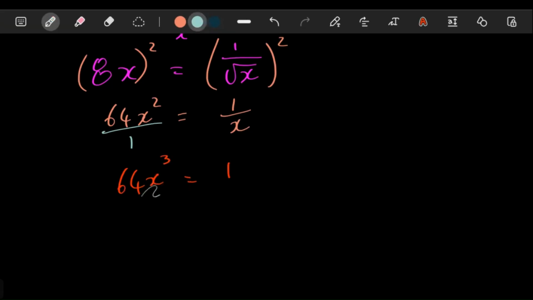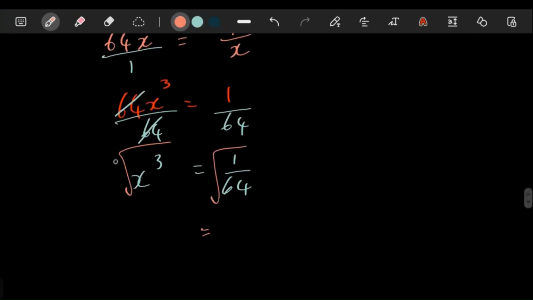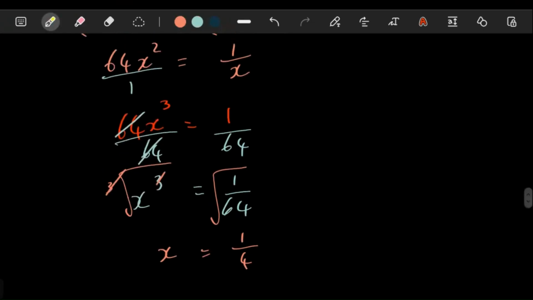Divide both sides by 64, and then you have x to the power of 3 equals 1 over 64. Now to get rid of the cube, just cube root both sides. This is going to be x, and this is just a quarter. So the x value that gives you the maximum length is a quarter.